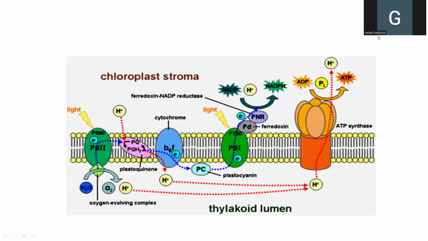Here we start. This is, of course, a diagram that shows you non-cyclic phosphorylation, and that shows you how photosystem 2 acts first, followed by photosystem 1, to give the products of the light-dependent reactions.